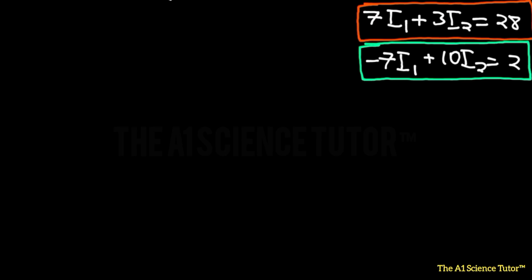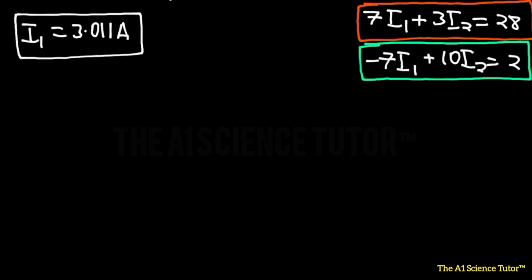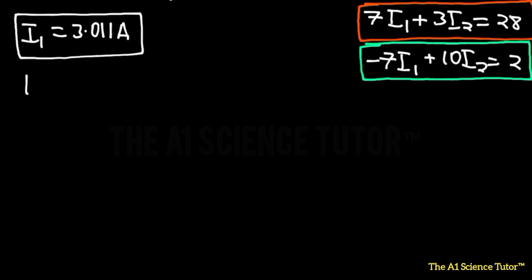So I1 is equal to 3.011 amps, and I2 is equal to 2.308 amps.